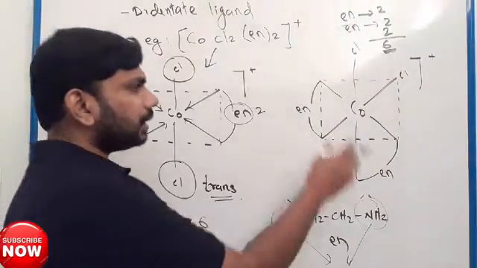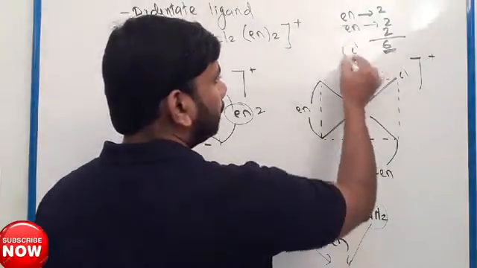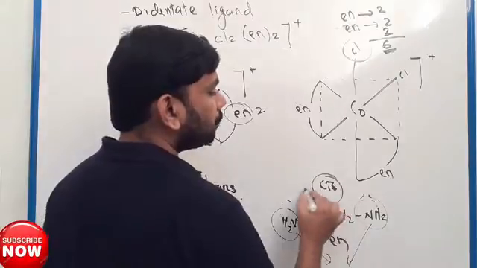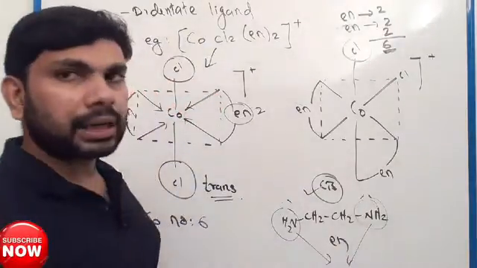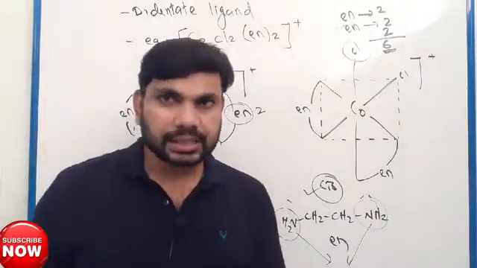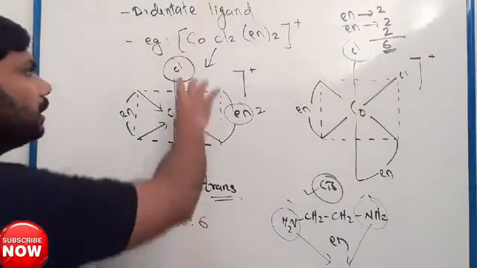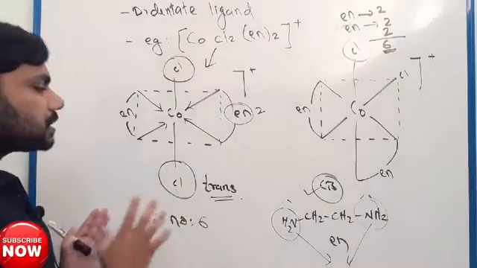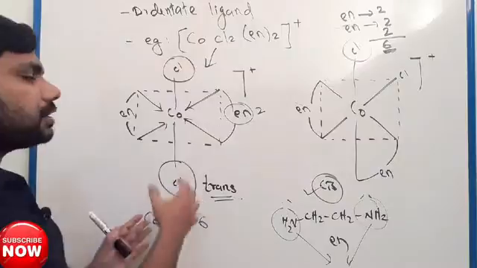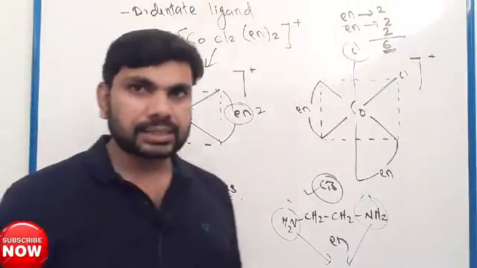And look here, up and down not the same type of atom, so this will be cis. So you can remember it like this. Before, you learned same type of atom on the same side is cis, but in this case up and down there is Cl, the same type of atom up and down, so it will be trans.